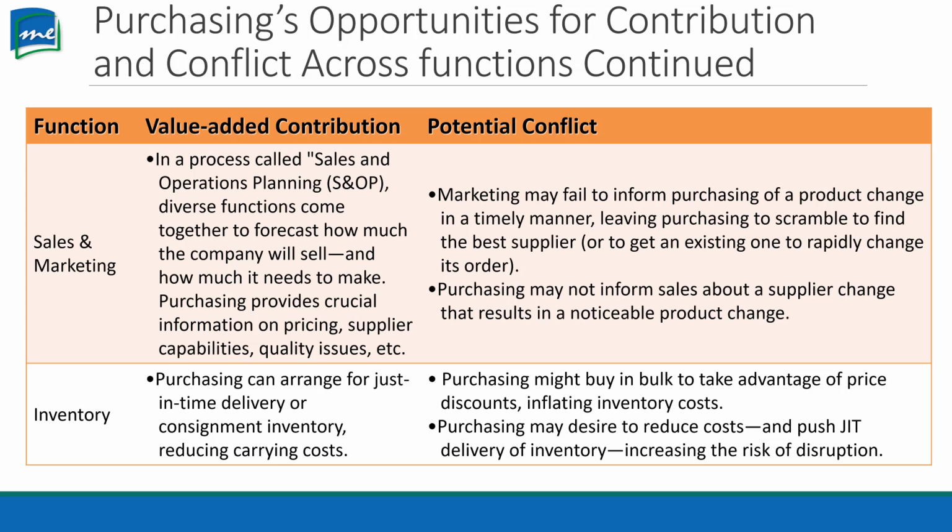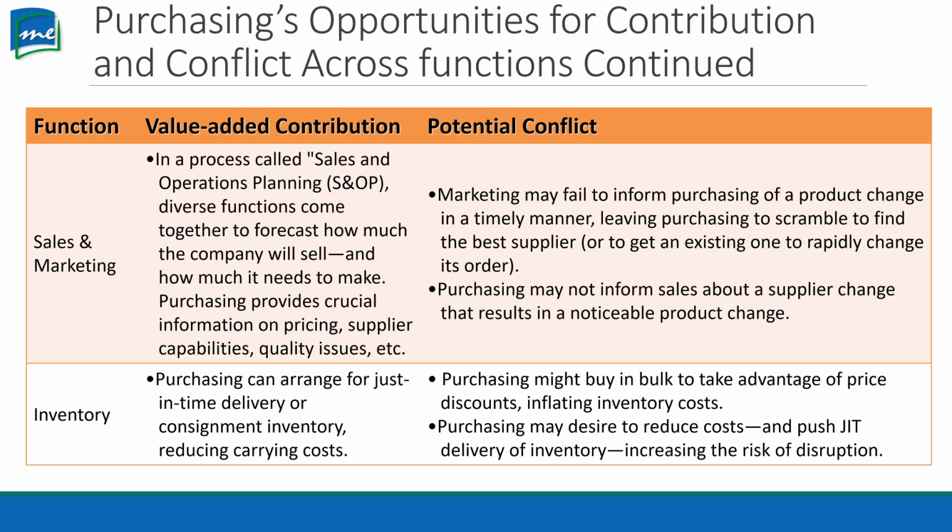Well, one is forecasting. Forecasting, hopefully you get an accurate forecast, but chances are it's not accurate. So we might try to buy in bulk to take advantage of a price discount. But then our inventory costs are going to go up because we have too much inventory.